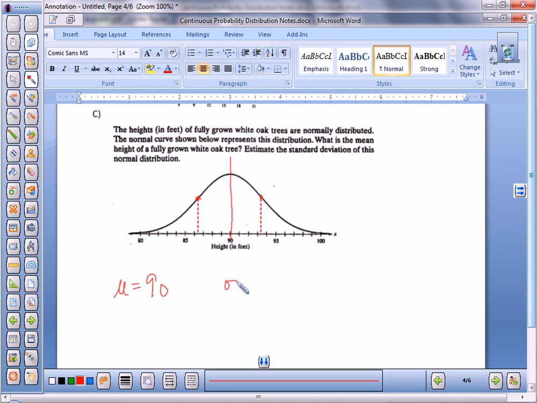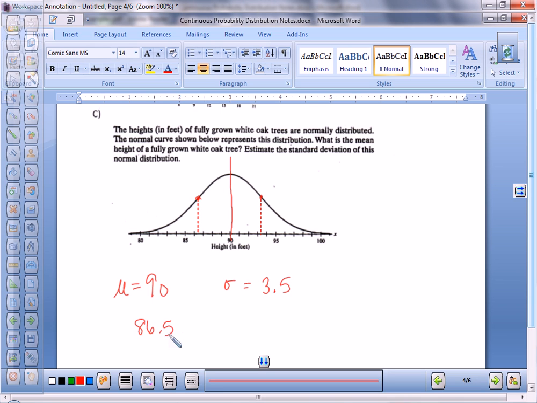Okay, so what is the probability that a randomly selected white oak tree would have a height between, if we said this was 3.5, 86.5 and 93.5.